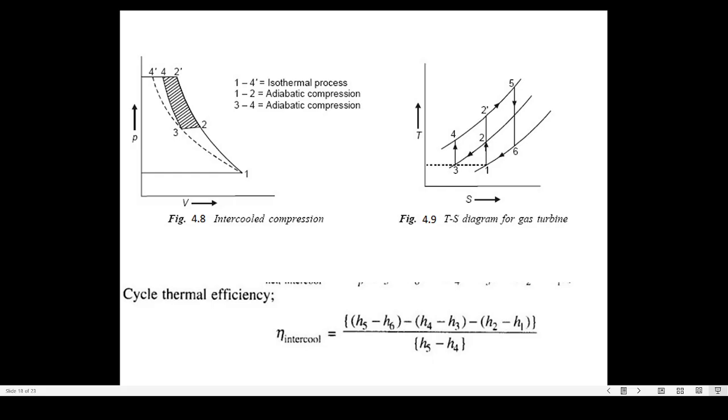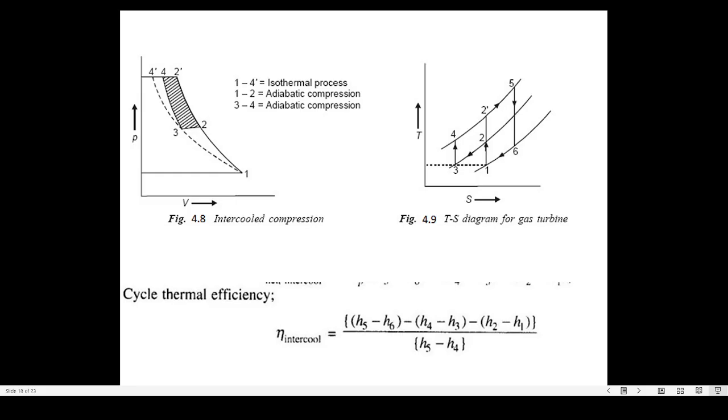So the turbine work minus the work required for the low pressure compressor and the work required for the high pressure compressor is nothing but the net work, which is the numerator here. And the denominator is the input, which is the heat supplied in the combustion chamber. We are quite aware that the heat is supplied during the process 4 to 5, isn't it?